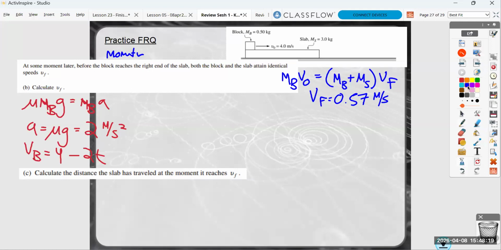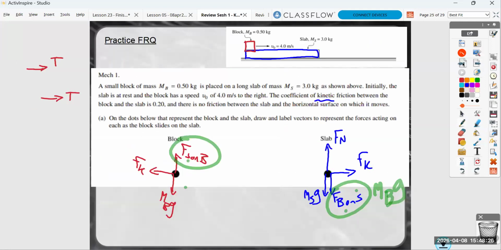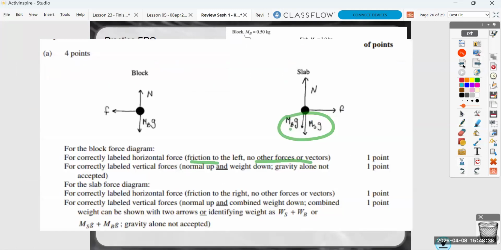For my slab, what force is pushing my slab forward? Yeah, friction. I want you to notice, do I have to recalculate my friction force? No. It's the exact same force. You have to be really careful.